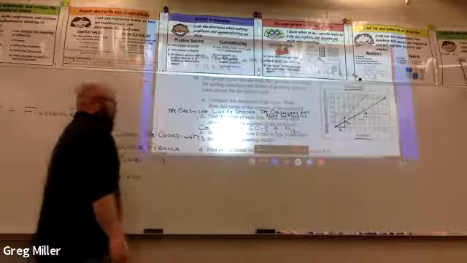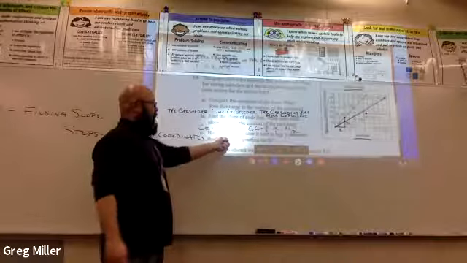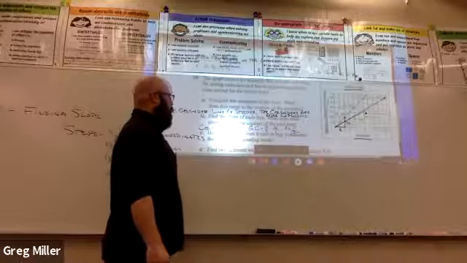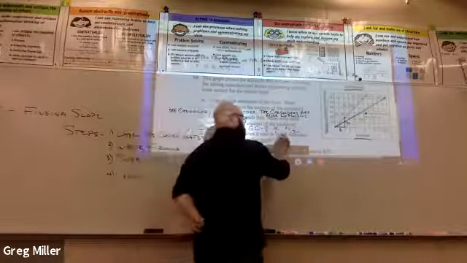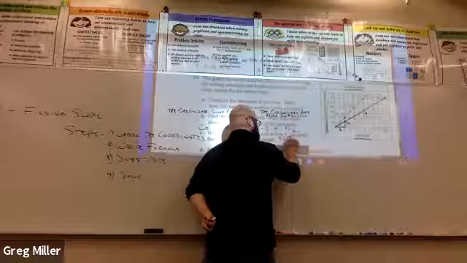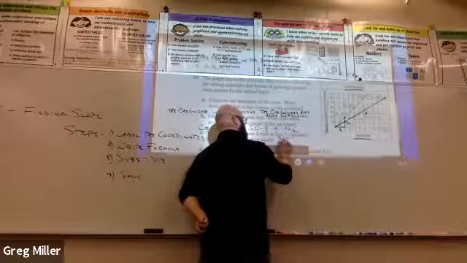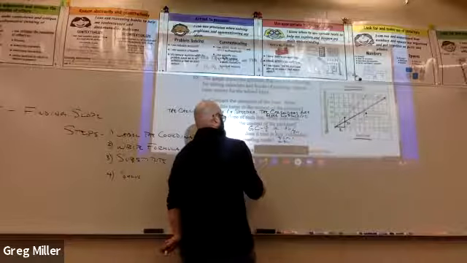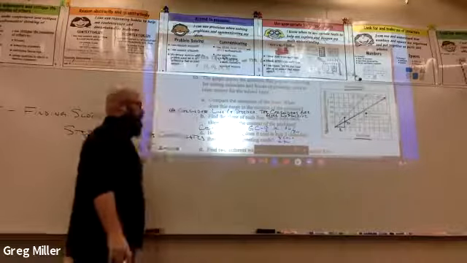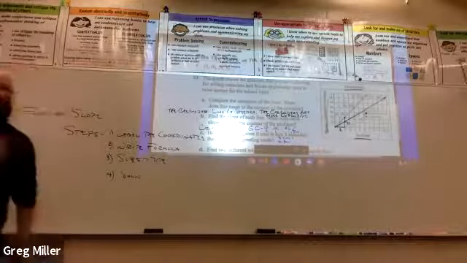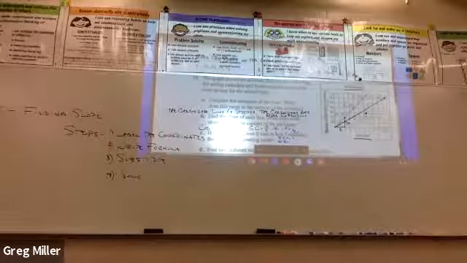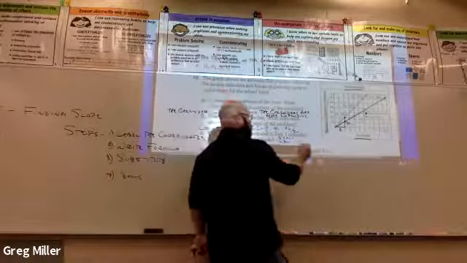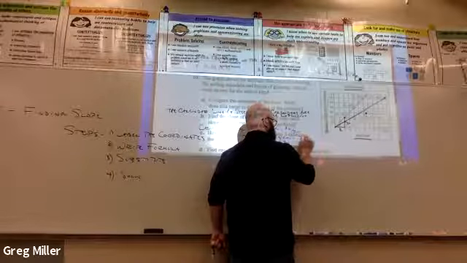All right, so here, C. How much more does it cost to buy 3 calendars than 4 boxes of greeting cards? So 3 calendars, let's figure that out. Let's find out 4 boxes of greeting cards, and then I want to find the difference. So how much does it cost to buy 3 calendars? $30. Each calendar is $10. So 10 times 3 is $30.